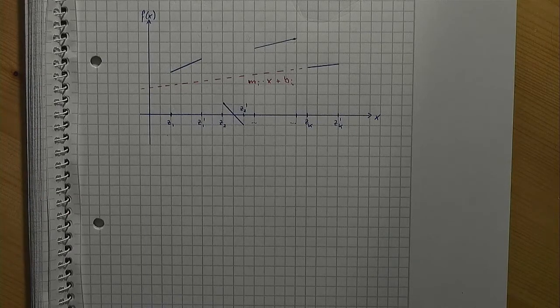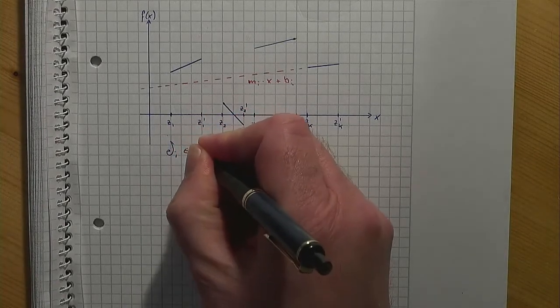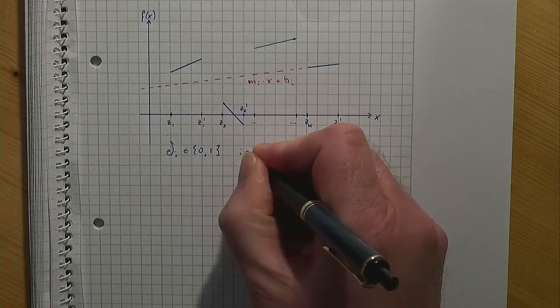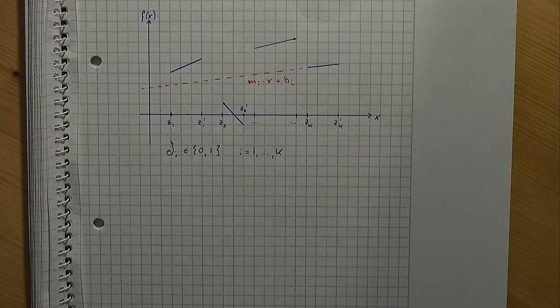A linear model works as follows. A binary decision variable delta i indicates which segment of the piecewise linear function is used. When referring to a certain point on the graph, exactly one segment is in use.